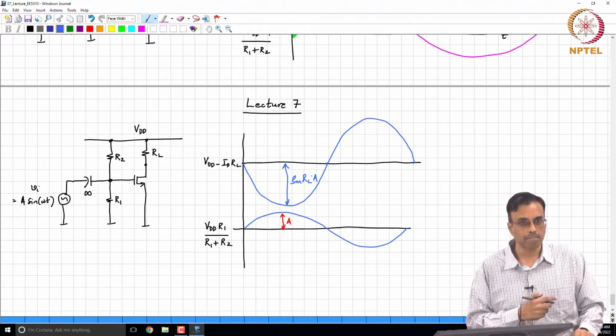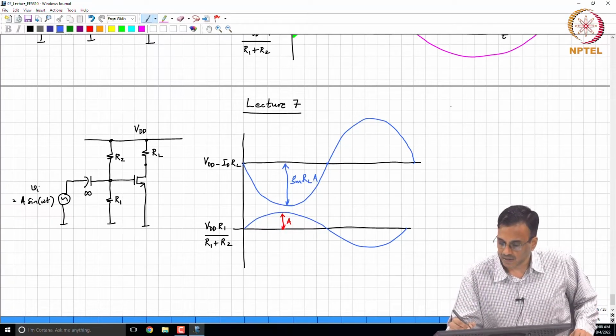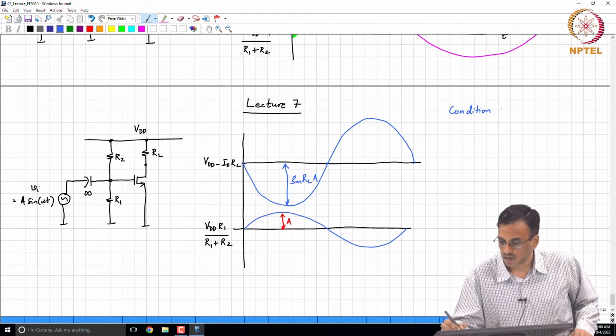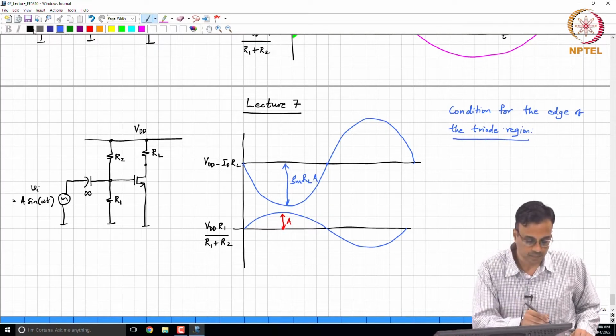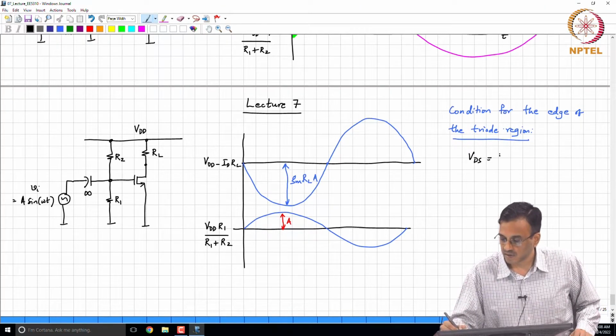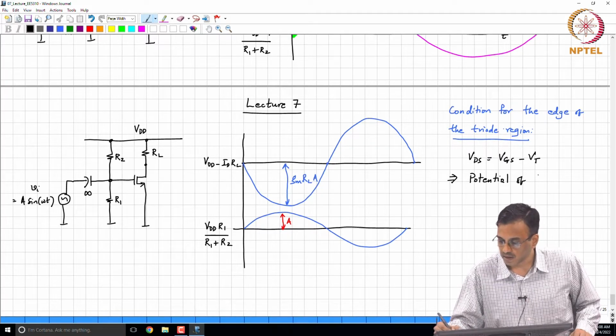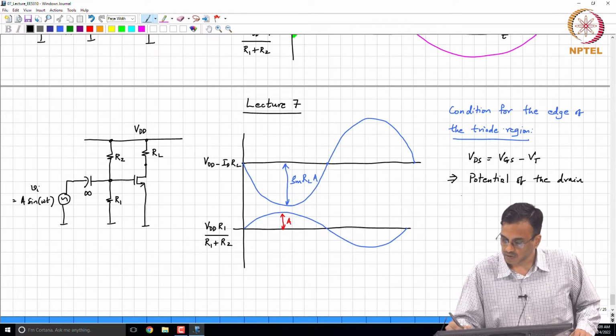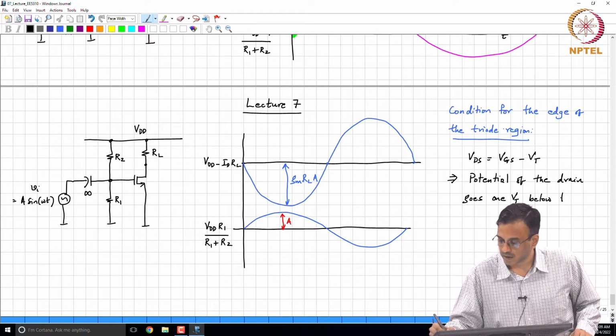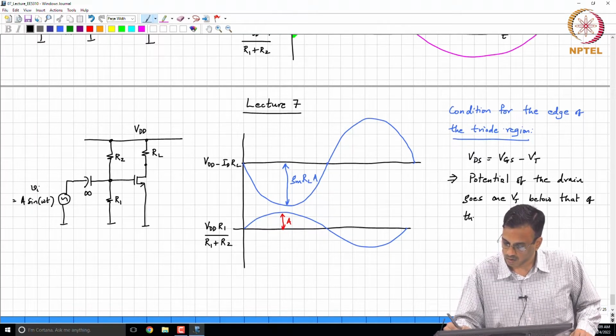Remember that the condition for triode is VDS equals VGS minus VT, which basically means that the potential of the drain goes one VT below that of the gate.